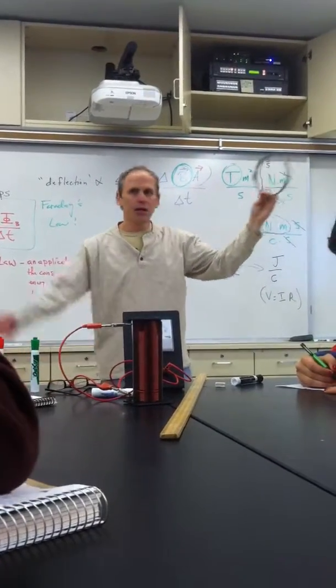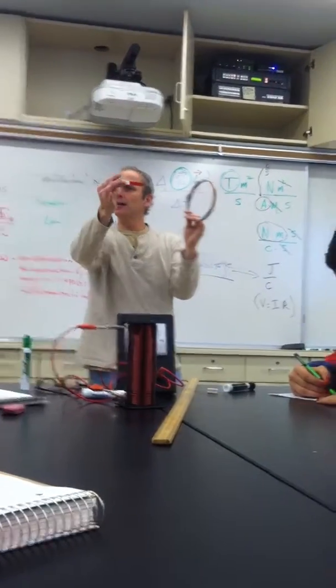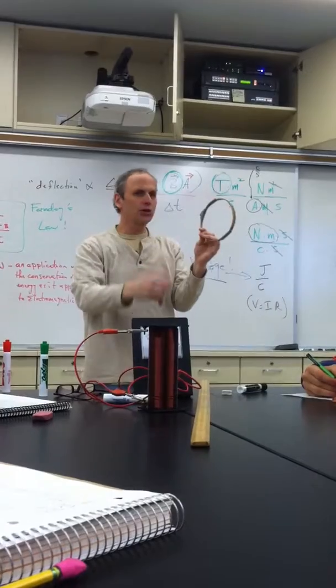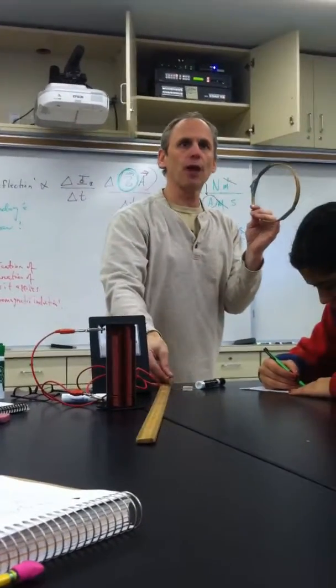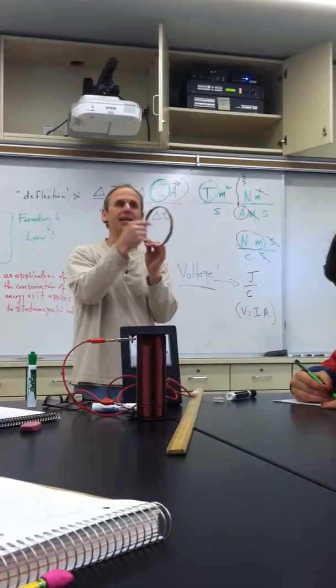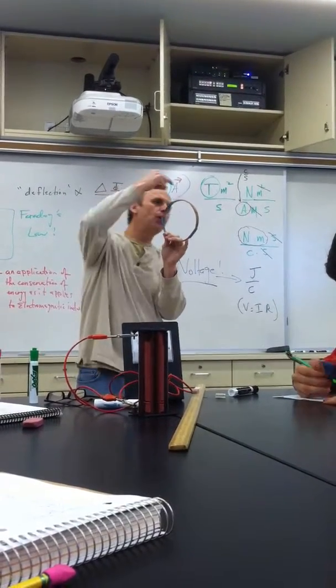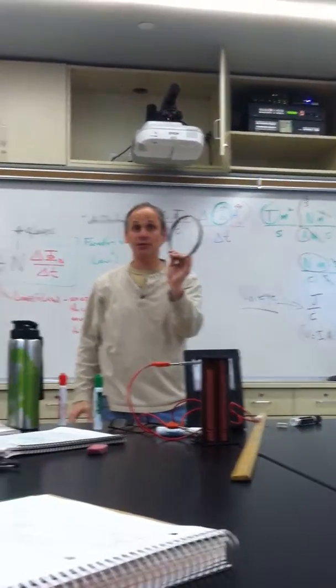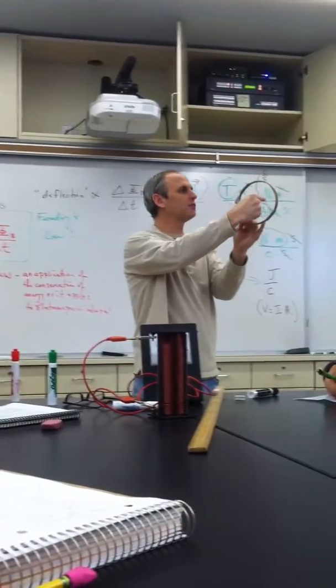Nothing's going on. North side of a magnet comes in. Current begins to flow. But current has to flow in a direction such that the changing flux that created it is opposed by the magnetic field generated by that induced current. So watch what happens. Increasing flux in this direction.